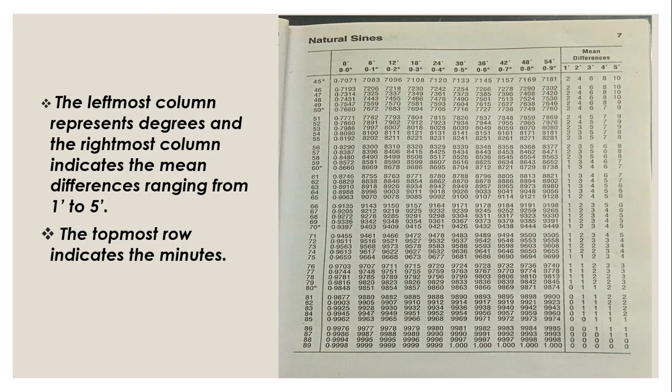The rightmost column indicates the mean differences ranging from 1 minute to 5 minutes, and the topmost row indicates the minutes: 0 minute, then 6 minute, 12 minute, 18 minute, 24 minute, 30 minute, 36 minute, 42 minute, 48 minute and 54 minute.